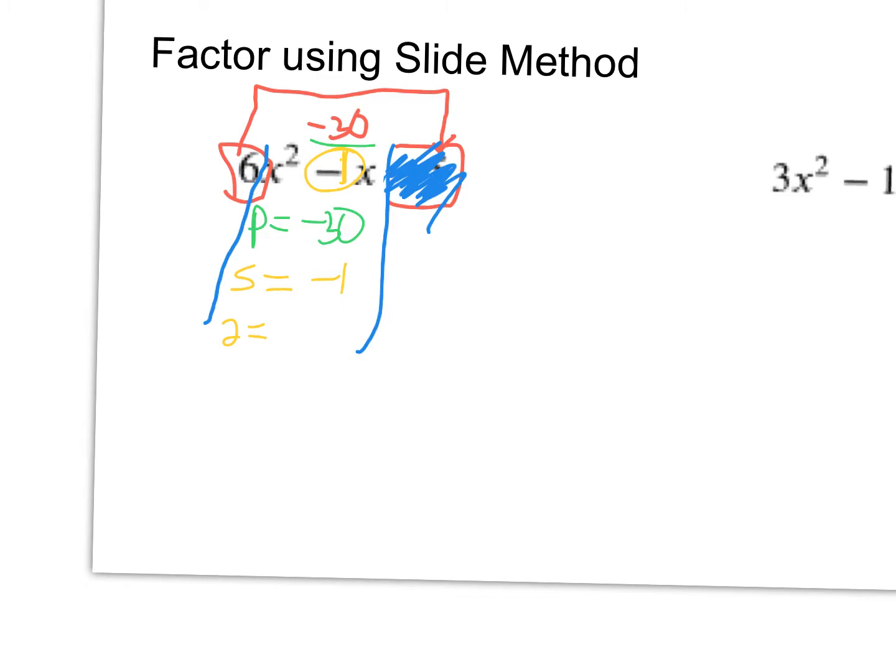So two numbers that multiply to negative 30 but subtract to 1 are going to be negative 6 and positive 5. So we're going to set up our parentheses with these terms. We're going to have x minus 6 and x plus 5. Now, here's where the confusing part comes in, and this is where students often lose points because they forget about this step.